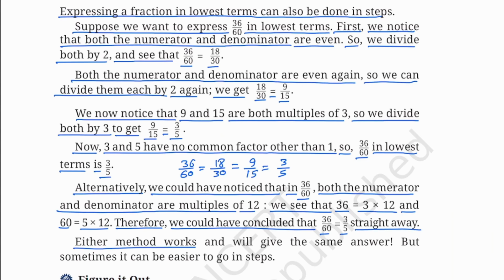Either method works and will give the same answer, but sometimes it can be easier to go in steps. 36 upon 60 divided by 12 will give 3 upon 5.